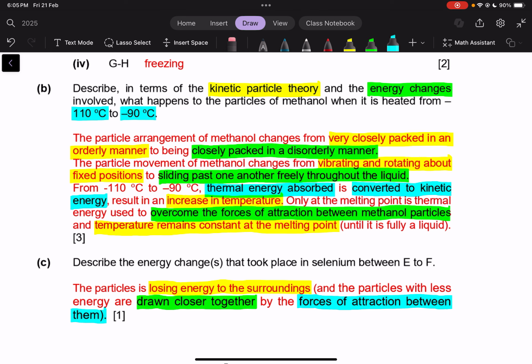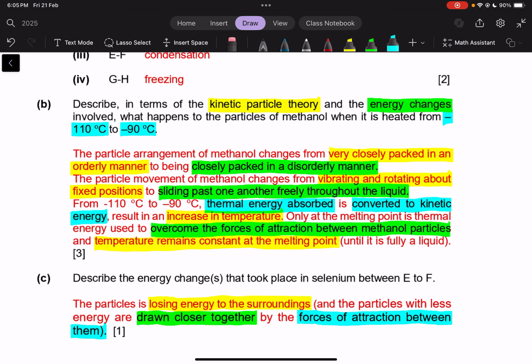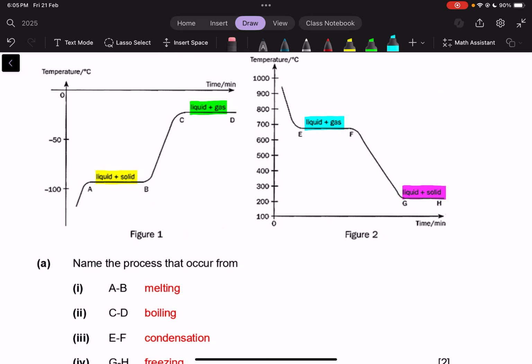If not, I was wondering how come from 110, a larger temperature you heat, it became a lower temperature. Okay, from negative 110 to negative 90. So from a more negative value to a less negative value. Let us see what happens here. So negative 110 is this portion here. Then negative 90 is this portion, basically the process where methanol goes through melting.